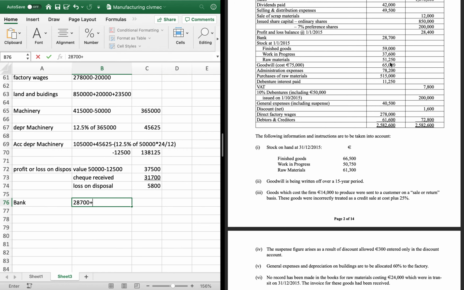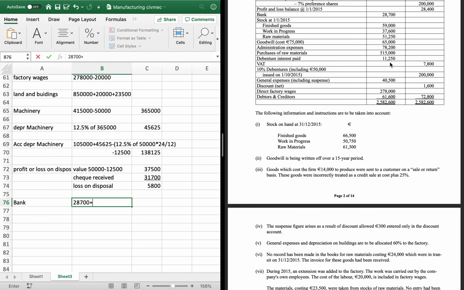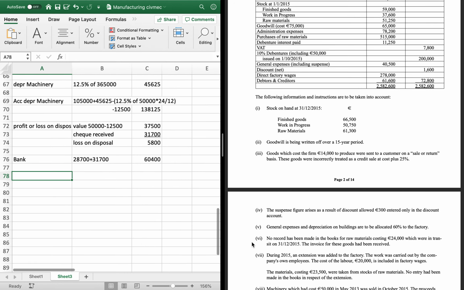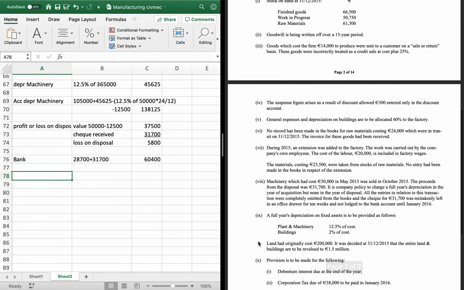We have to add in the amount we've received, which is 31,700, and that becomes the real figure in our bank account. You have to assume that in all normal circumstances it would be in our bank account. Therefore, it should be reflected in the accounts that we produce. Okay, that's that one done.